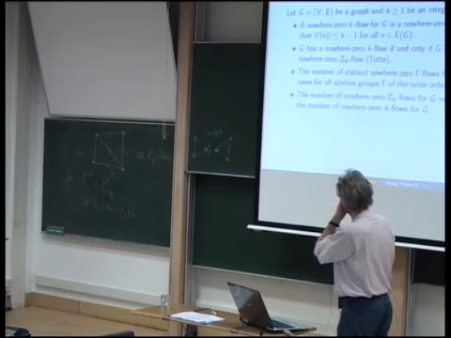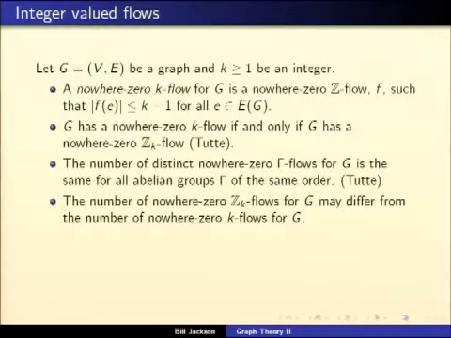So this is the point that Alan made, that although the existence of a nowhere zero integer K-flow is equivalent to the existence of a mod K flow, the actual numbers of flows are different. Are you going to discuss the inequalities? No. A trivial example would be this graph.